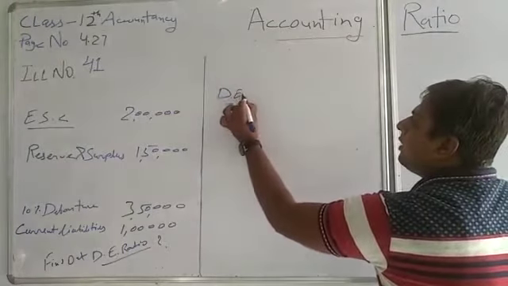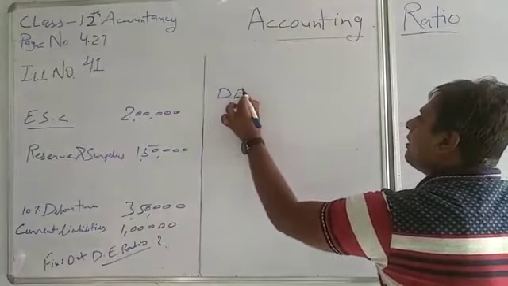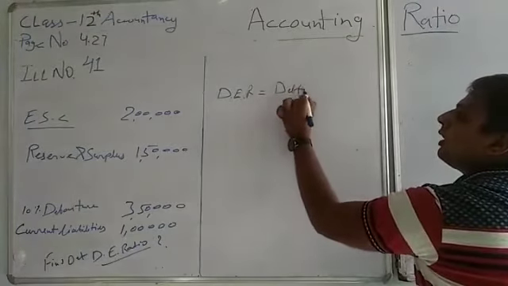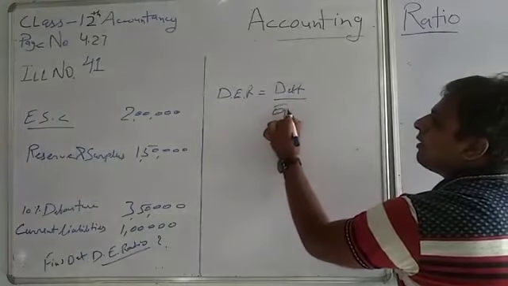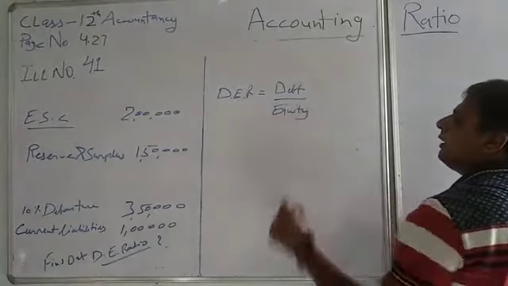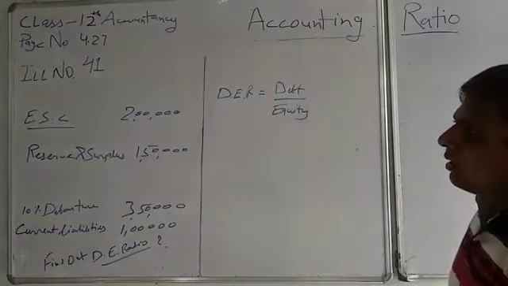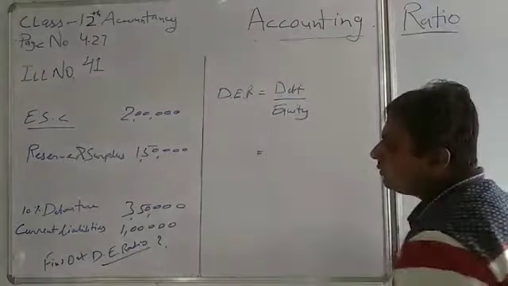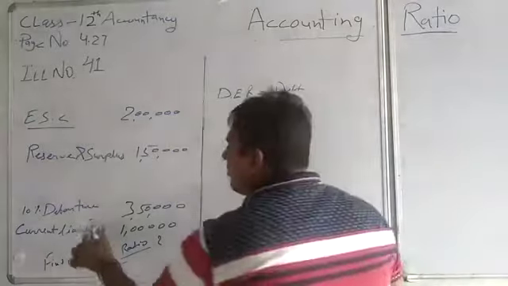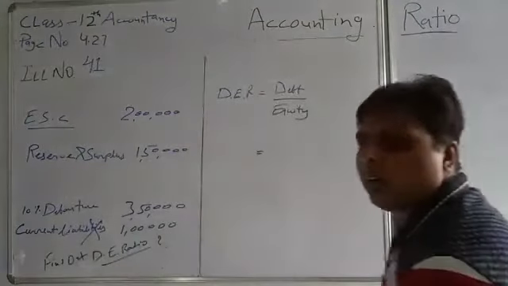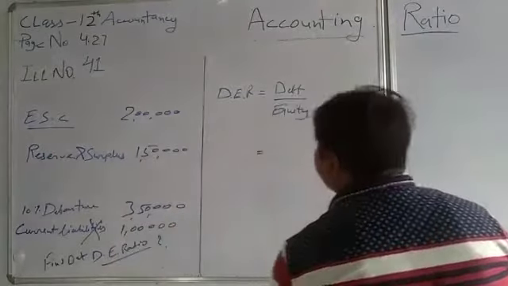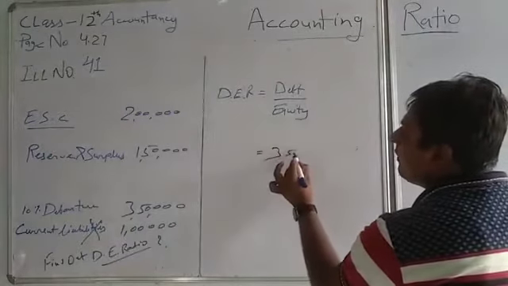Debt equity ratio is equal to debt divided by equity. So how much debt we have? This is short-term borrowing, so we will not take it. Only long-term we have 3,50,000, so we will take 3,50,000.